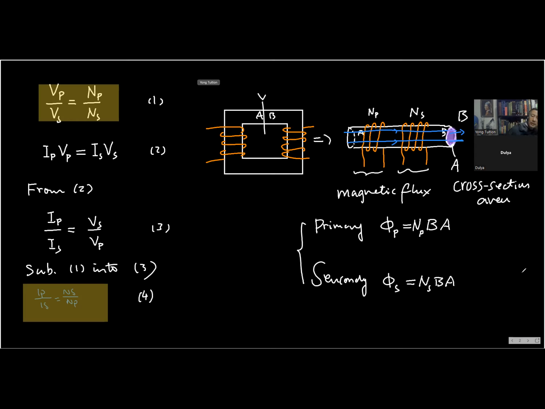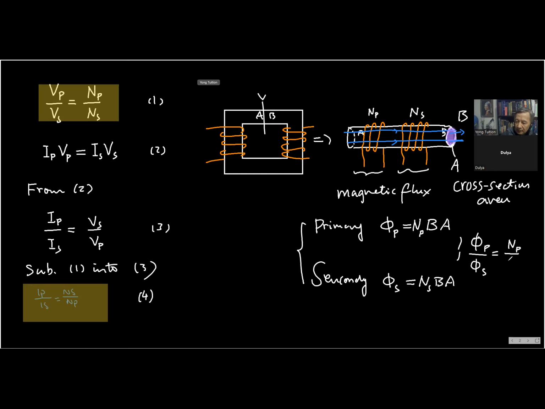So from here, you can see the ratio of phi primary over phi secondary is proportional to the ratio N primary over N secondary, in the same way as the voltage.